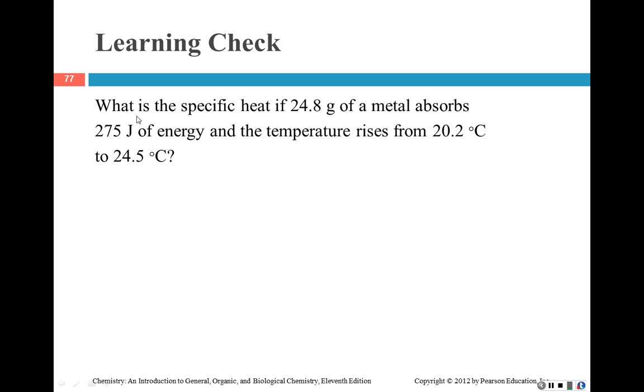They are joules divided by grams and degrees C. So what that tells us is that joules will be on top, and we will divide by grams, which is 24.8 grams, and the change in temperature. The change in temperature is the 24.5 minus the 20.2. So see if you can calculate that and see what you get for your answer, and then I'll show you how we work it.